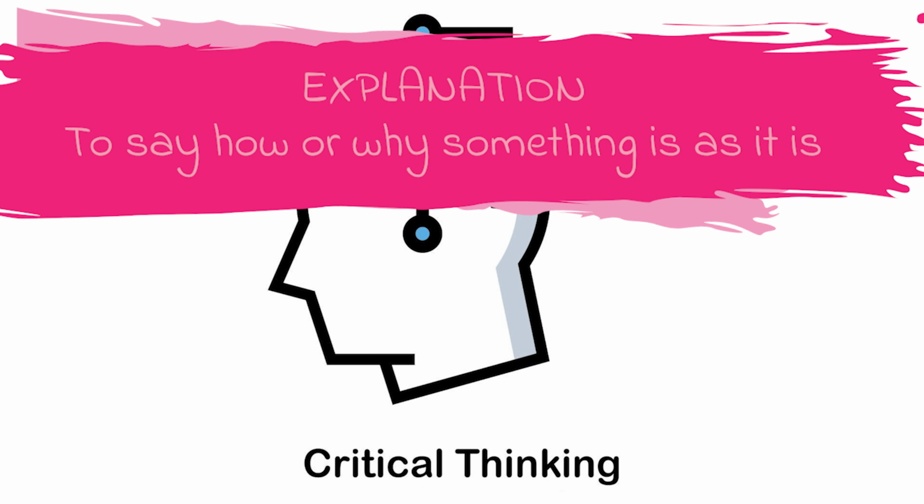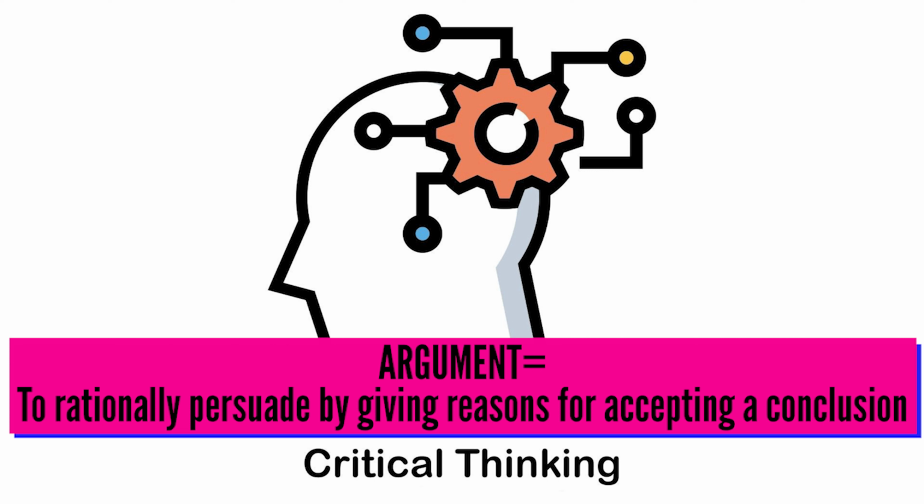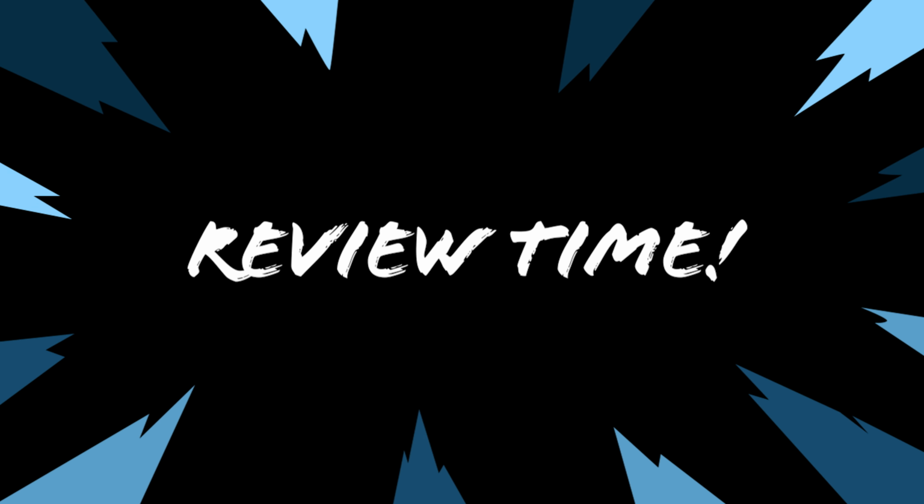Furthermore, an explanation is to say how or why something is as it is. Last but not least, an argument is to persuade someone by giving reasons for accepting a conclusion. So rationally persuading by giving reasons for accepting a conclusion.